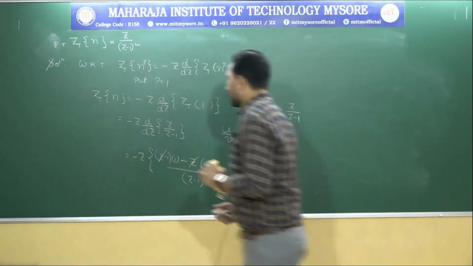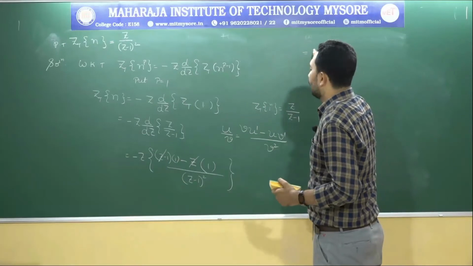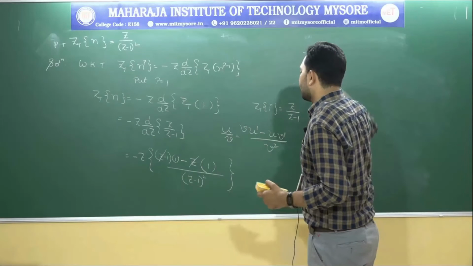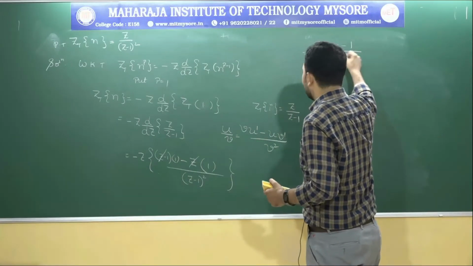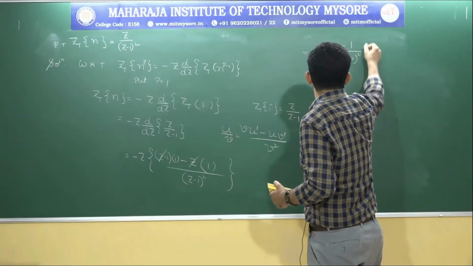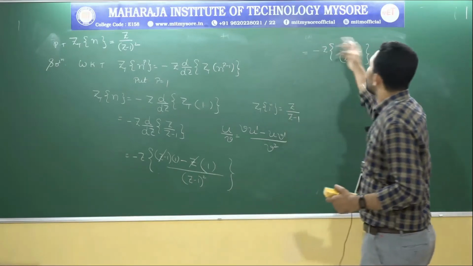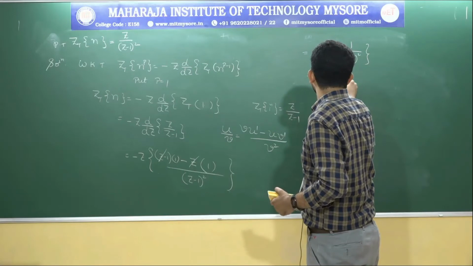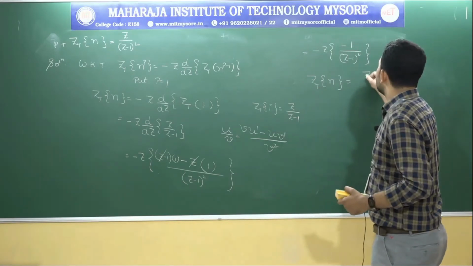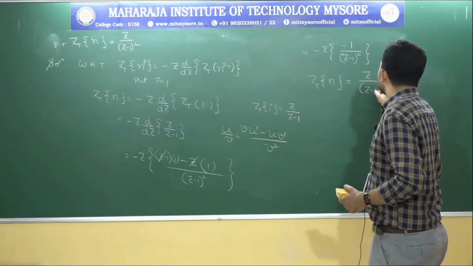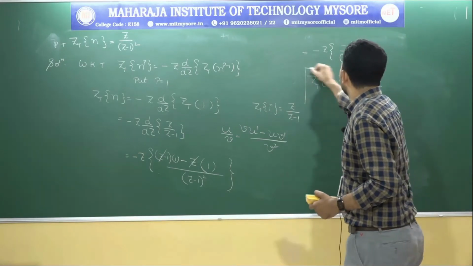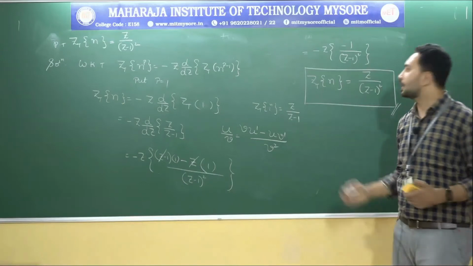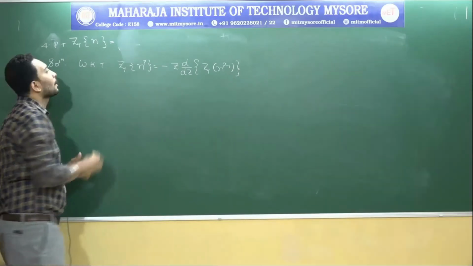Next we'll remain with minus z into minus 1 divided by z minus 1 whole square. So multiplying this minus z inside, we'll get z transformation of n equals z divided by z minus 1 whole square.